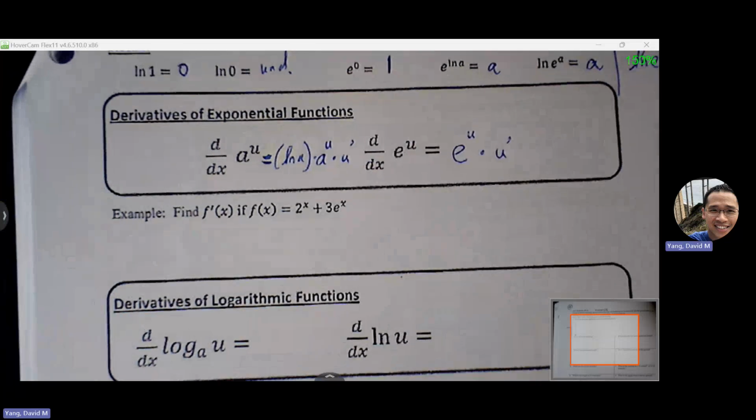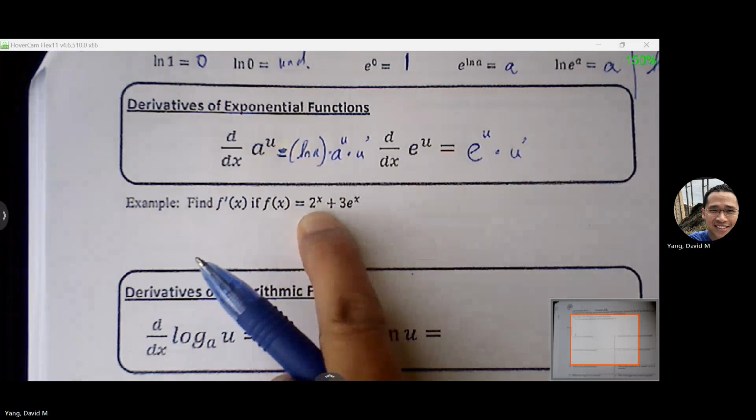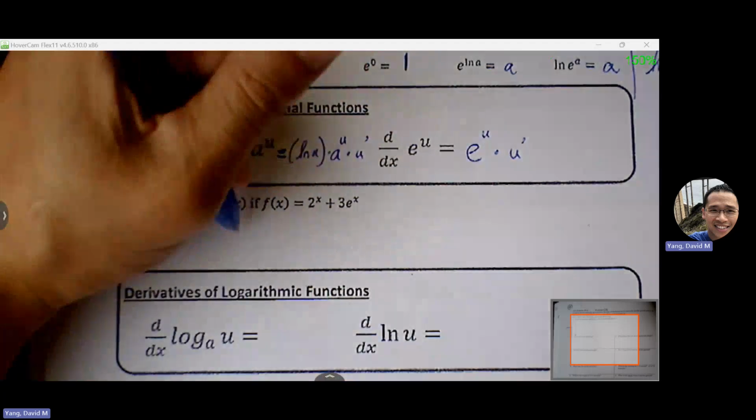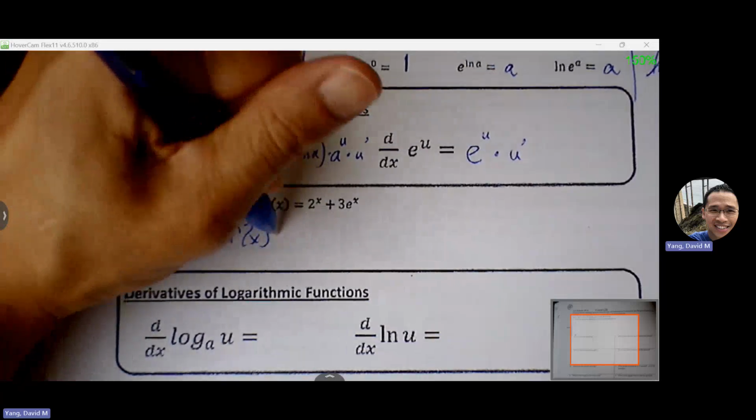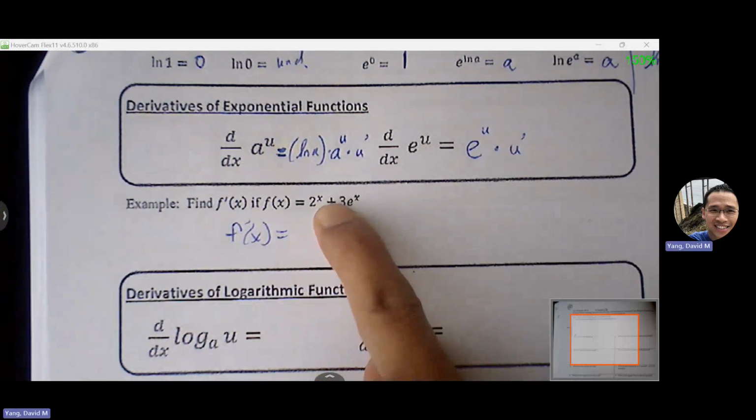So here's an example. Find f prime if the function is 2 to the x plus 3e to the x. Now, we need to recognize 2 to the x. This is an exponential function. Exponential function is if you have a constant base raised to a variable exponent. So you can say f prime is equal to, and 2 to the x follows the rule for a to the u. So let's just follow the rule, right?